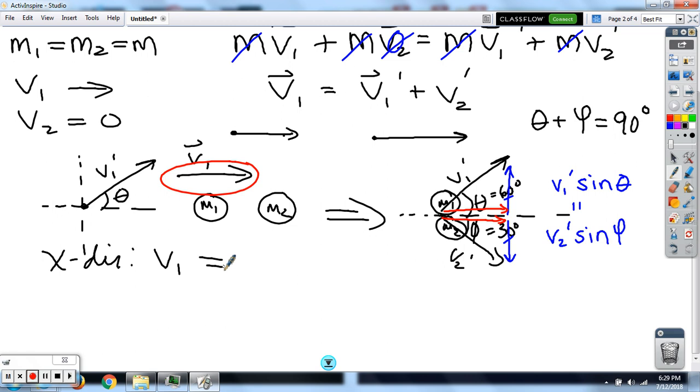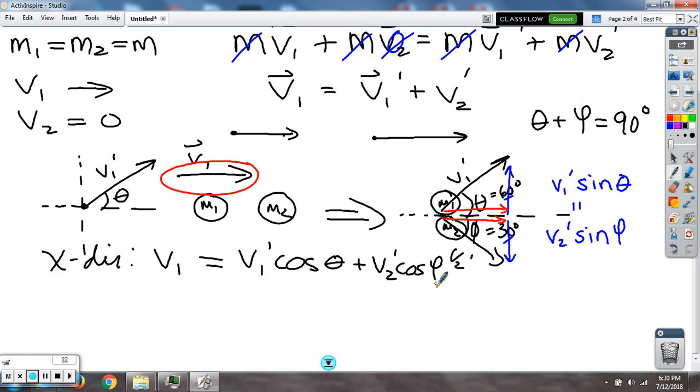That has to equal the sum of these two x components, which would be v1 prime cosine of theta, which is 60, plus v2 prime cosine of 30. Again, you know what v1 was initially. This is another equation that has two unknowns, v1 prime and v2 prime.